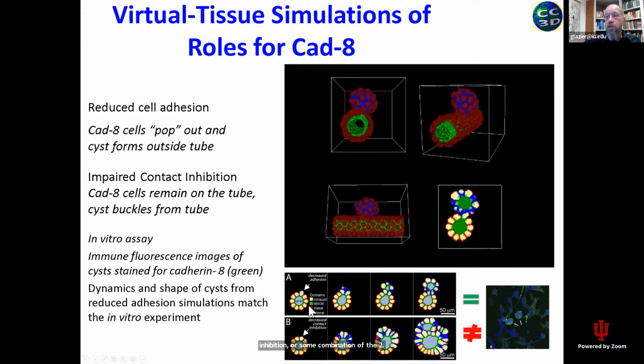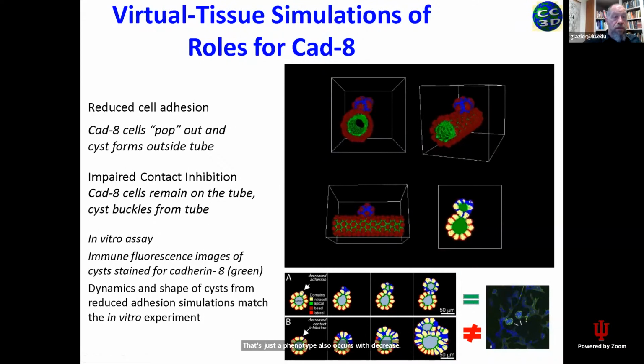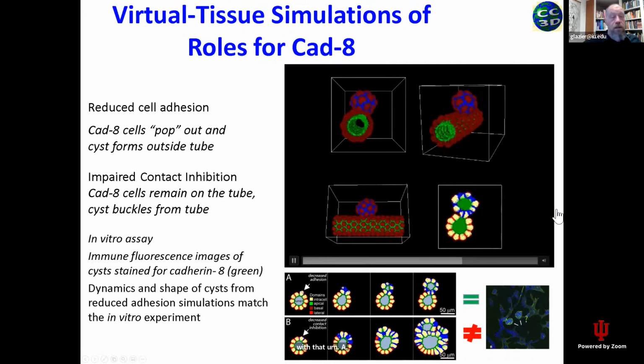If you have it change adhesion directly, you get a cystic phenotype, which is what's shown here in the video. The cystic phenotype also occurs with decreased contact inhibition, but the time evolution and the morphology are different. Bob went into an in vitro HK1 cell line, transfected it with ectopic cadherin 8, and was able to show that you get cysts of the same morphology that you get in the simulation.